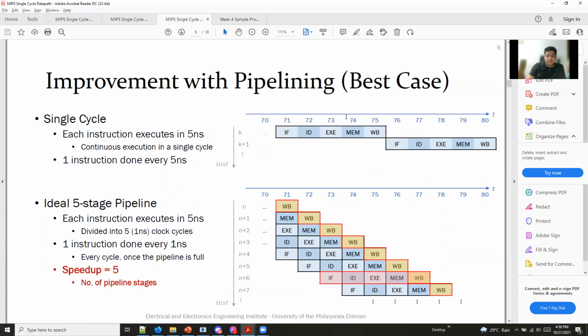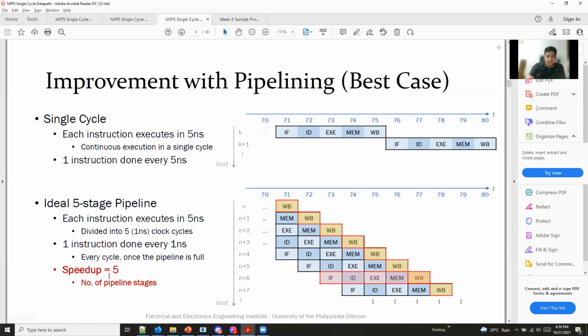So, yung single cycle natin, let's say ganyan siya. And then yung 5-stage pipeline is ganyan siya. So, if each instruction dito natatapos in 5 nanoseconds, one instruction per 5 nanoseconds. Dito, if ang ating instruction ay 5 nanoseconds each, kailangan lang ng every 1 nanosecond may natatapos na instruction.